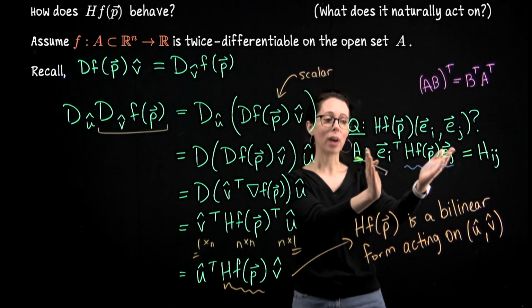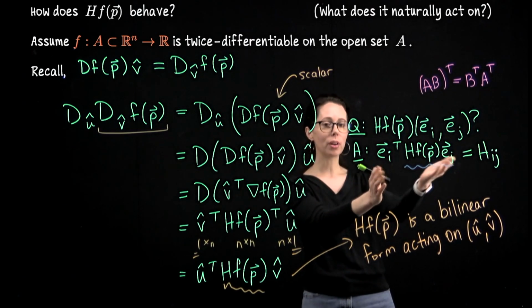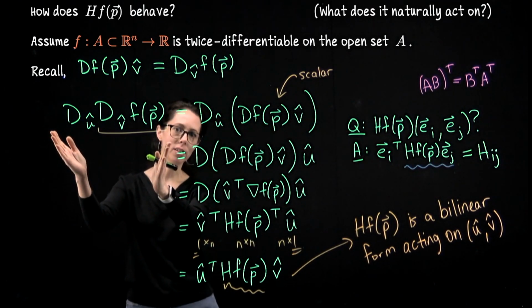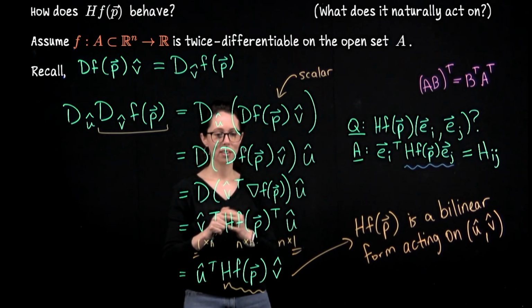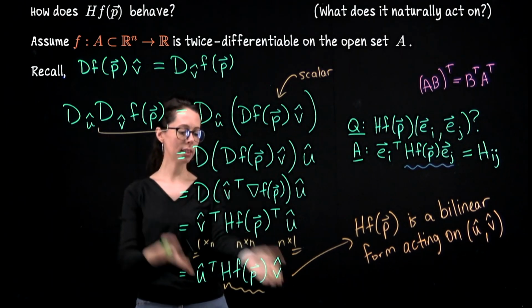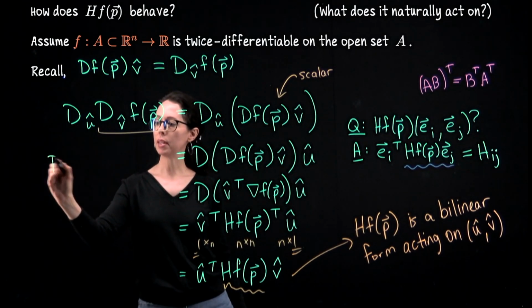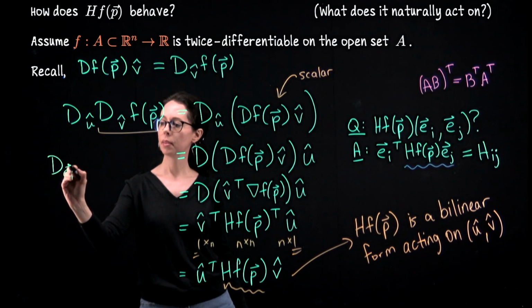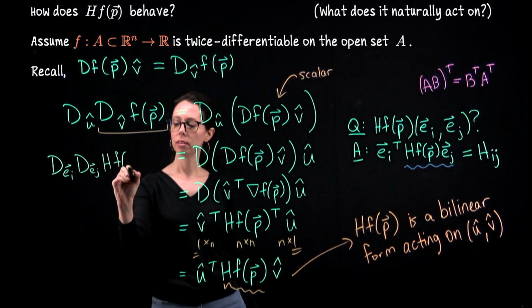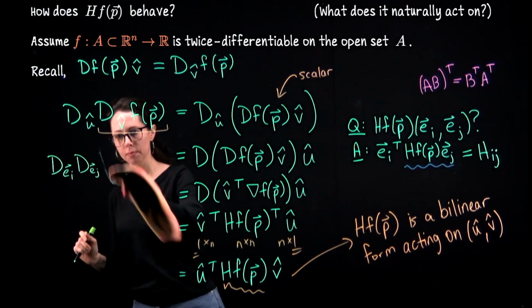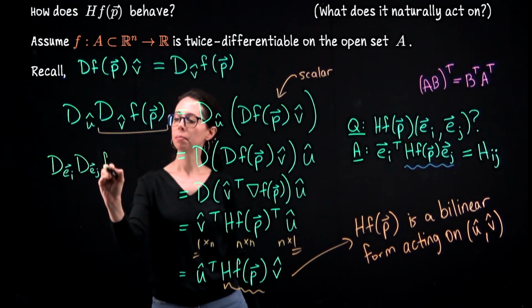What's nice about writing down this product when they are unit vectors is that you can also then come over here and do these directional derivatives. So what would it look like if I did this side of the equality? We did this side, let's do this side. That would be d sub ei d sub ej of f at p.